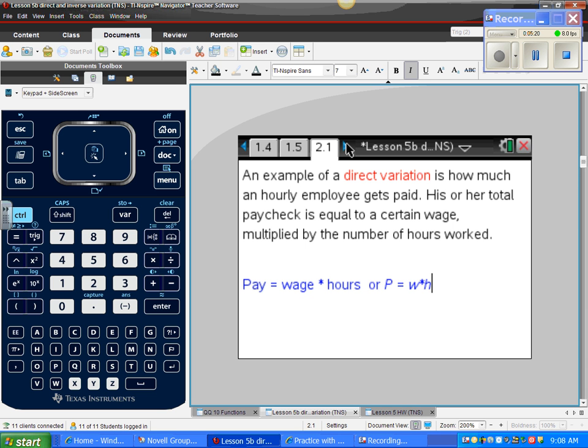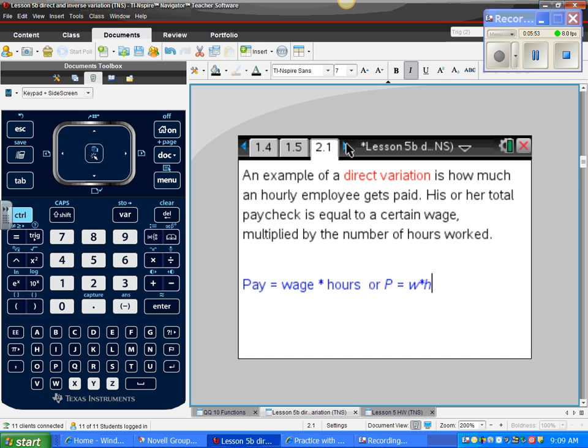If you want more money per week, what do you have to do? More hours, right? Okay, so if you want to get paid more, you have to work more. Okay, so that's direct variation.